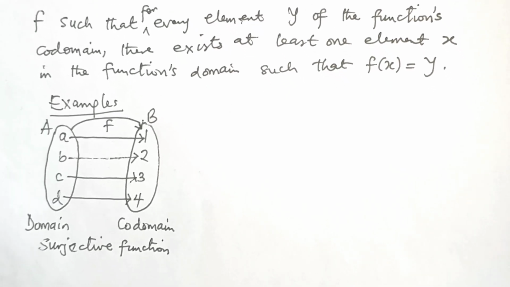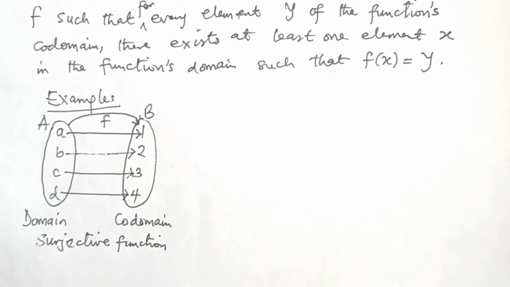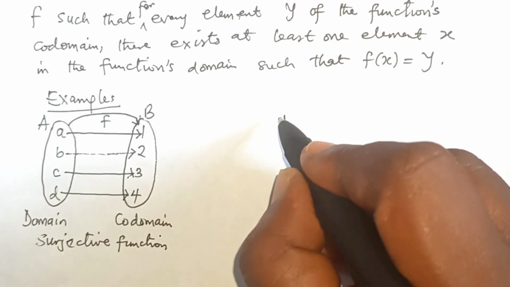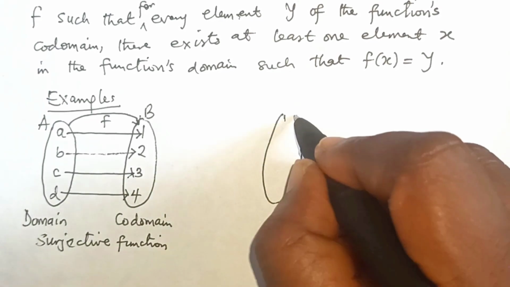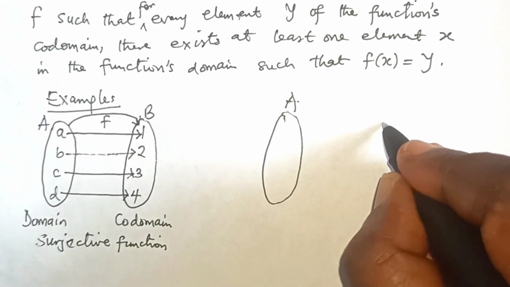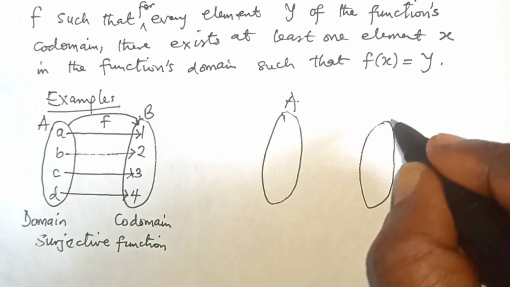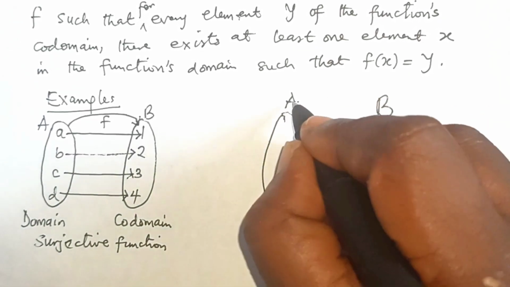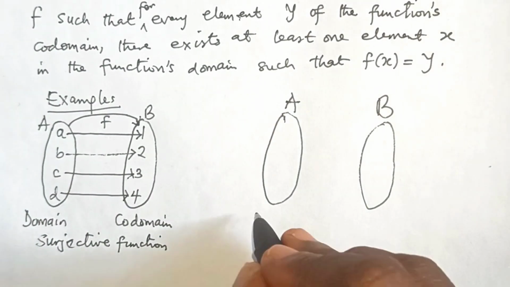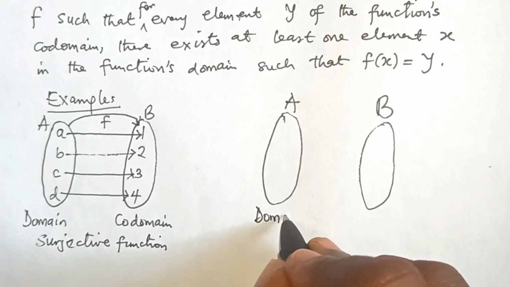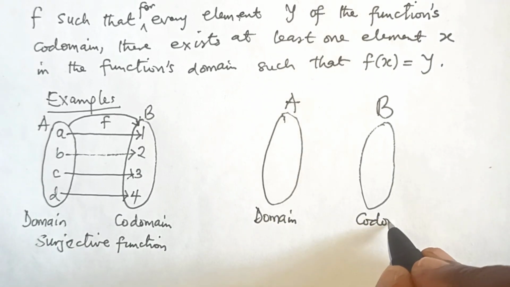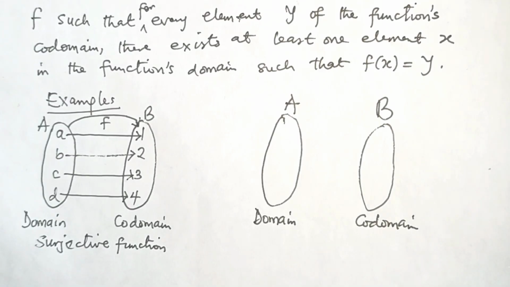Next, we also have another one. We have set A and set B. As usual, A is the domain, B is the codomain of the function.